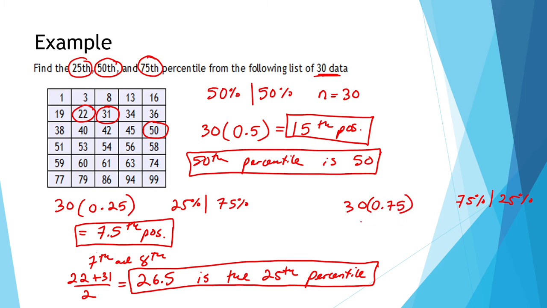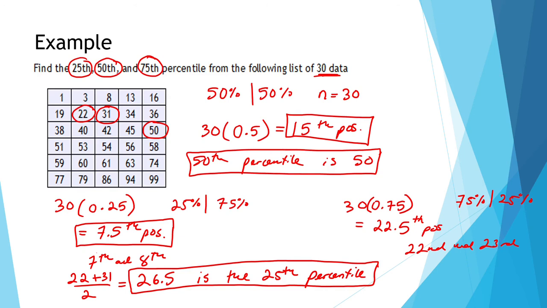This number is equivalent to 22.5, which means I'm looking for the 22.5th position, which is the same as the 22nd position and 23rd position.